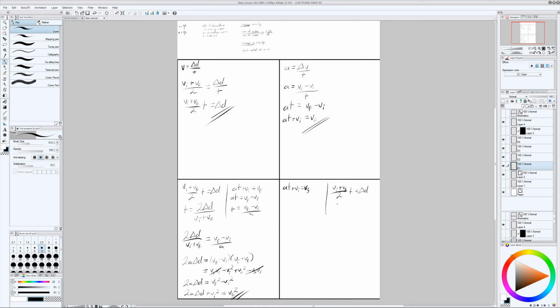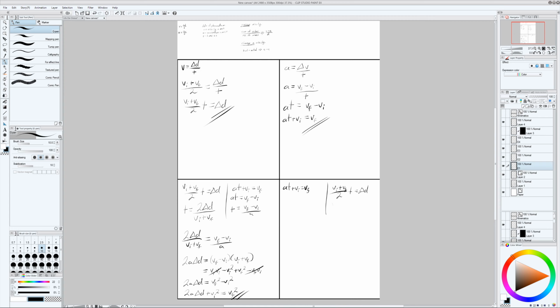So then we move that, so we can again cross multiply, kind of like getting rid of the fraction. We divide both sides by t to get that t onto the other side, and we multiply both sides by 2 to get rid of that fraction.